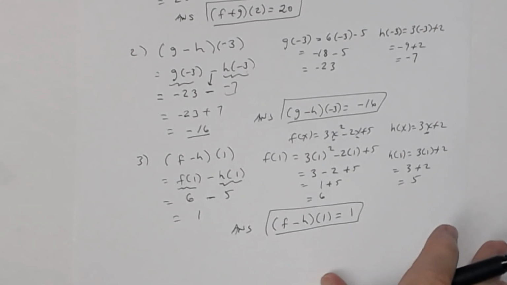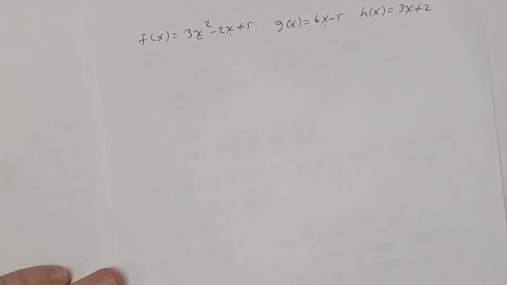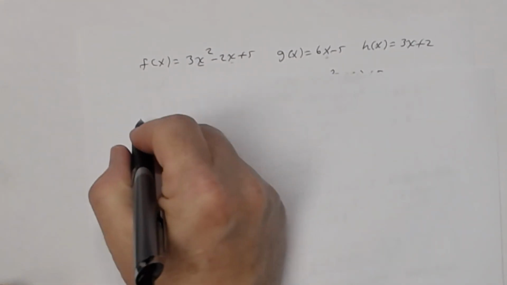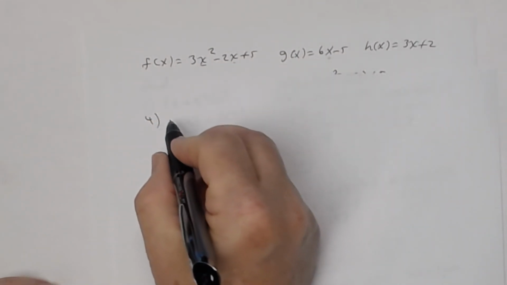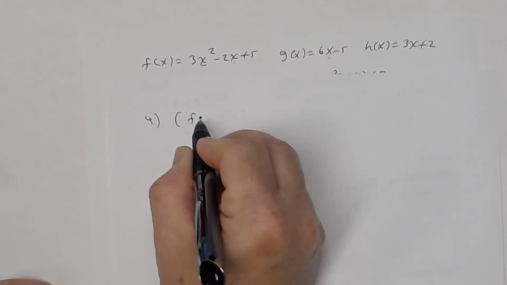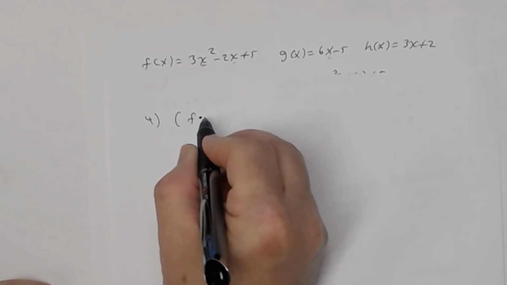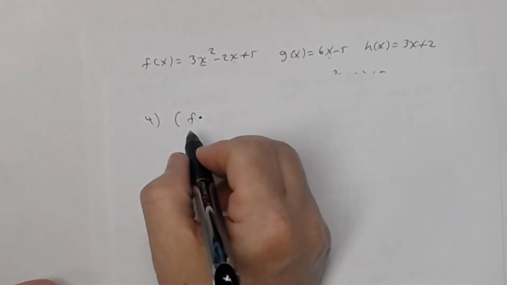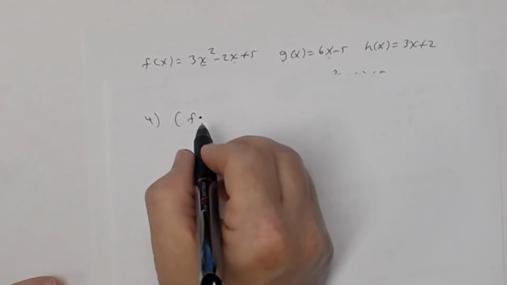Okay, then in number 4, we have this, and I'll put that here. We want to find f times g at negative 2. Remember, closed circle means multiplication. Open circle would mean composition, two different concepts.